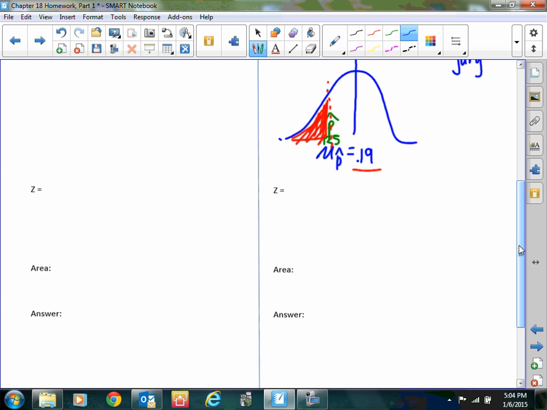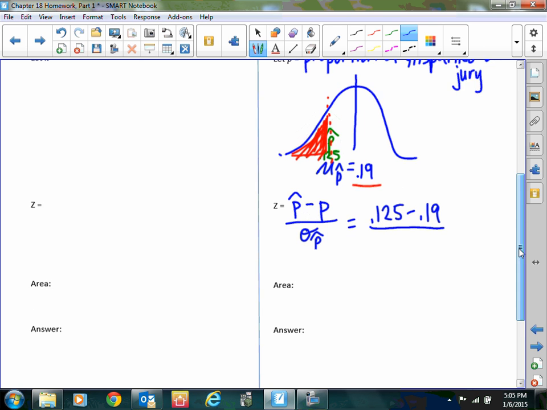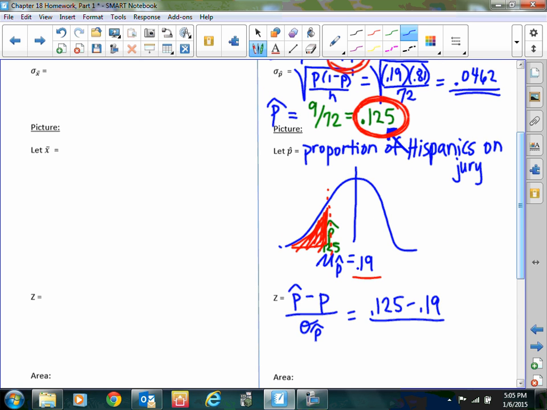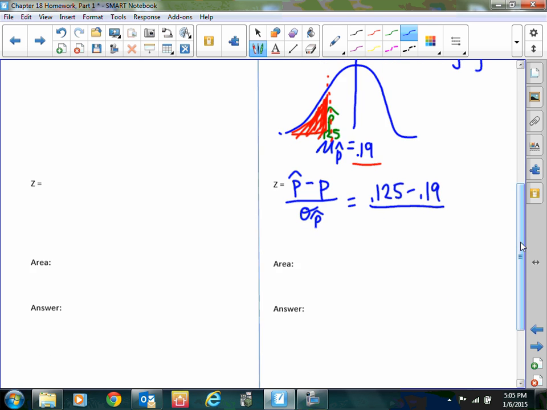All right, so our Z is X minus the mean over the standard deviation. So that is the sample proportion minus the population proportion over this standard deviation up here that we computed already, 0.0462.